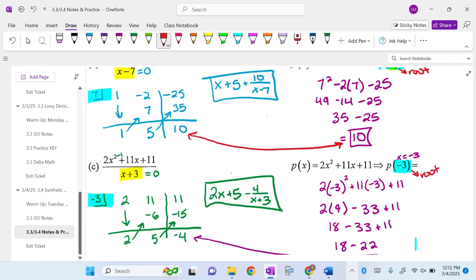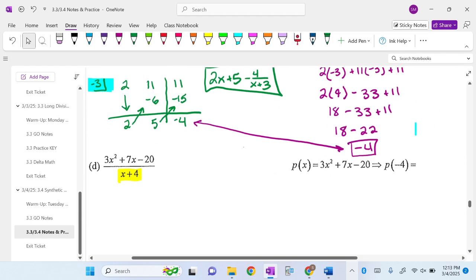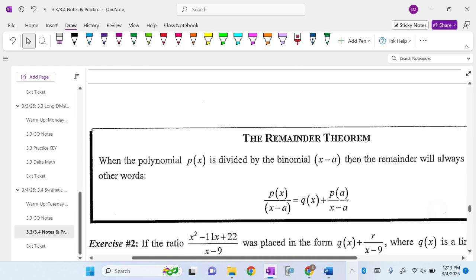All right. This is important because this is technically the process for the remainder theorem. So essentially the remainder theorem is you're taking the root, plugging it back into the original function, and evaluating it. Now that's only part of the remainder theorem. So let's talk about this.